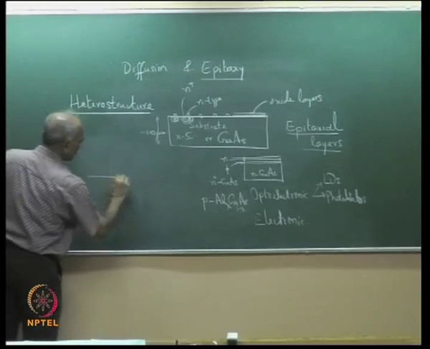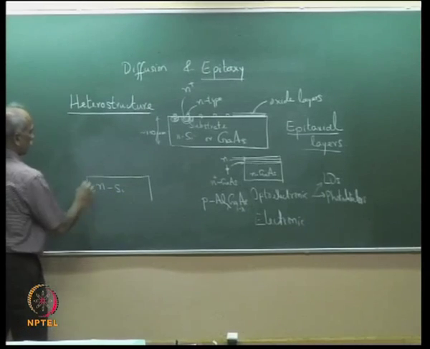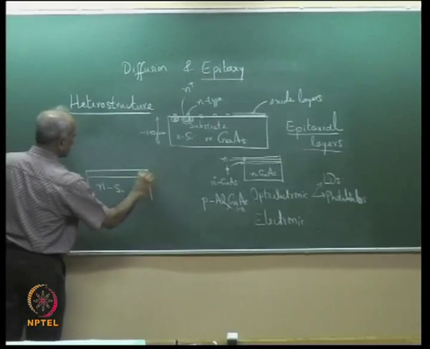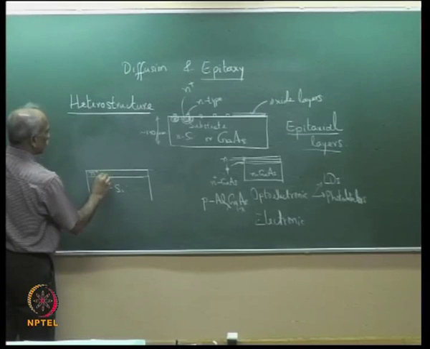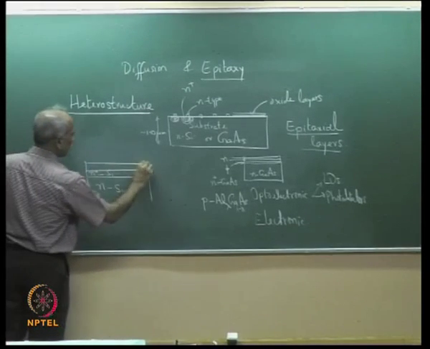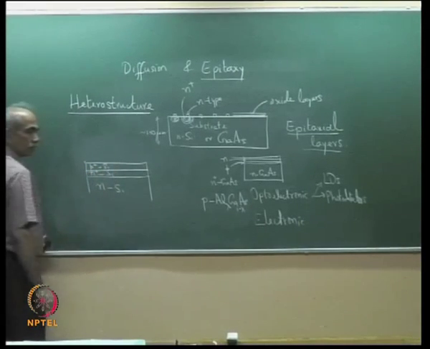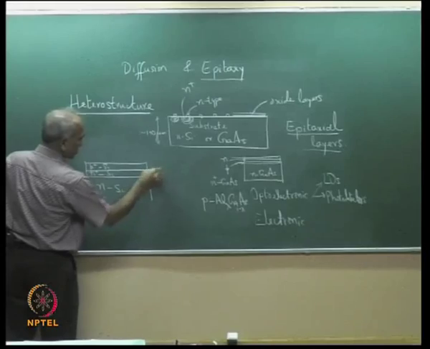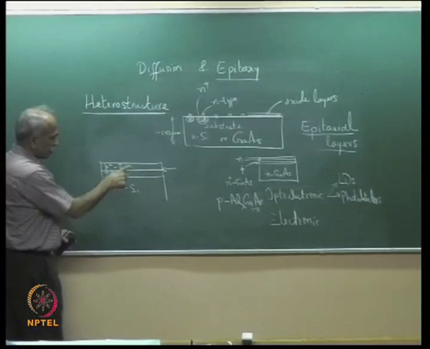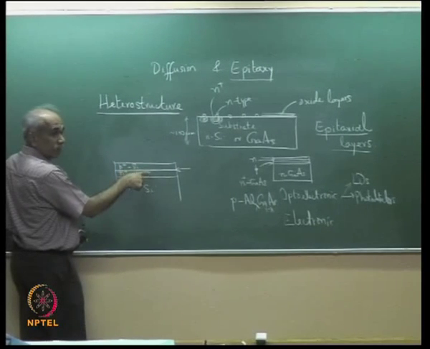If you start with n silicon, and deposit n plus silicon and then you deposit p plus silicon, this is a junction. This is a PN junction, but of the same material.